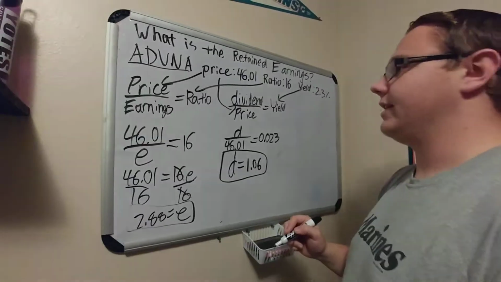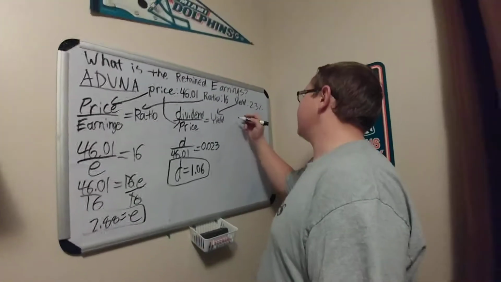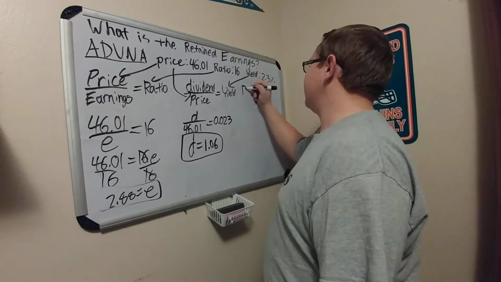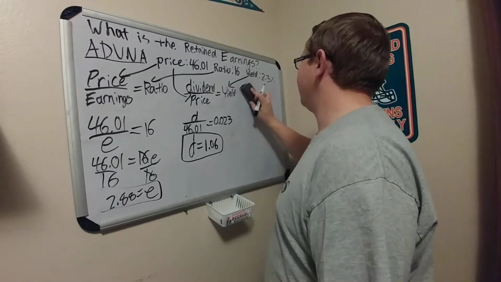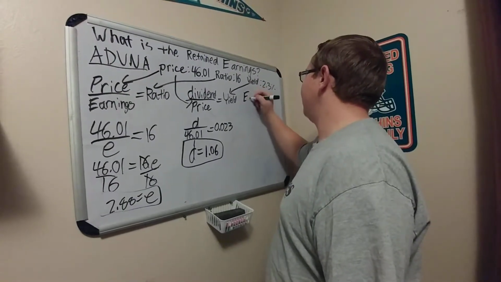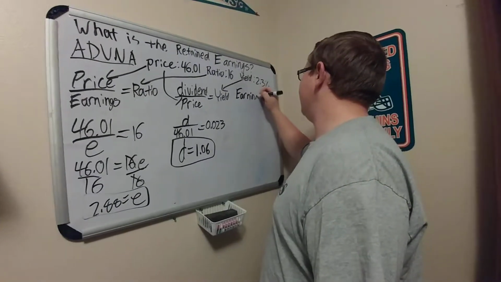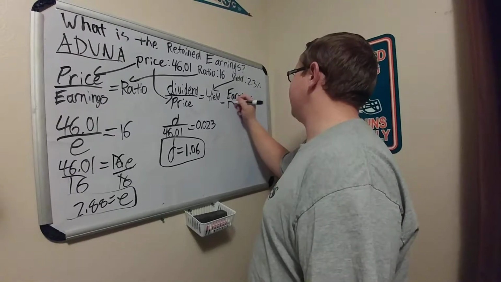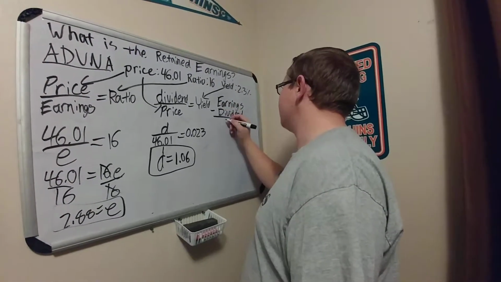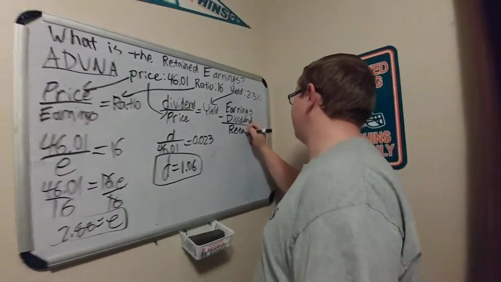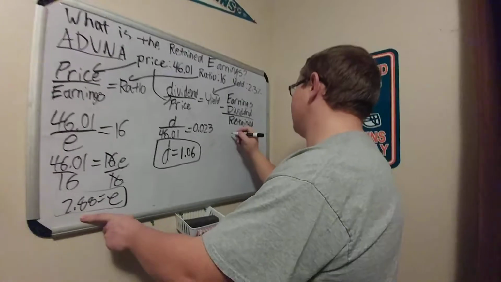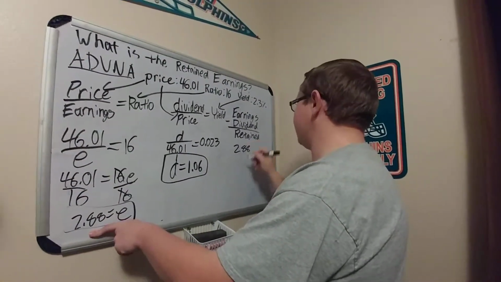So now we have our earnings and we have our dividend. Now we can find our retained. The formula for retained is this. That was the wrong one. Erase. Earnings minus dividend equals retained. So we have our earnings, 2.88.